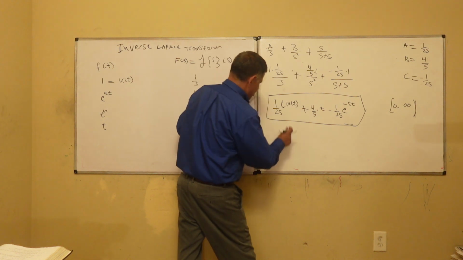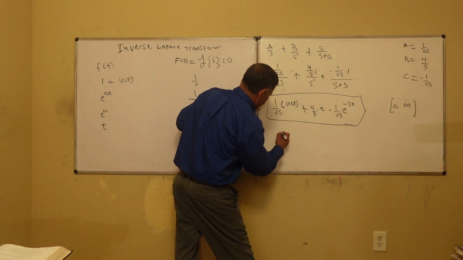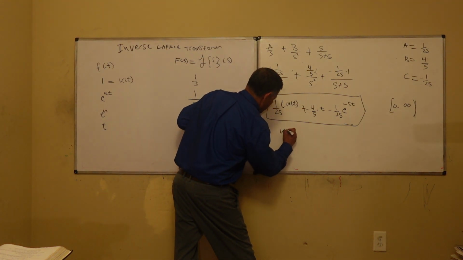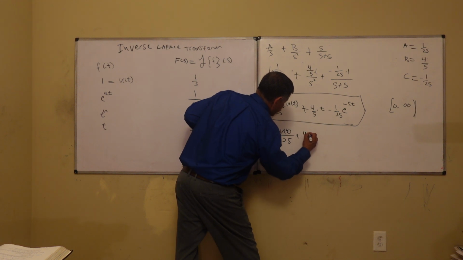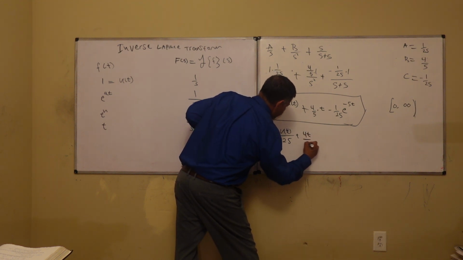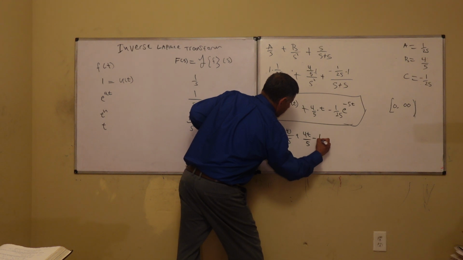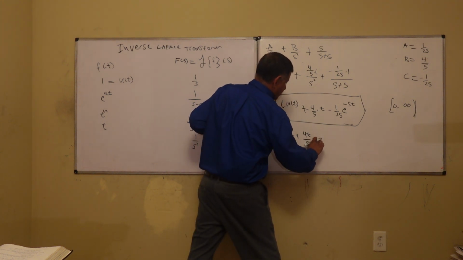But anyway, now let me just simplify this. So u of t over 25 plus 4t over 5 minus 1 over 25 times e to the negative 5t.